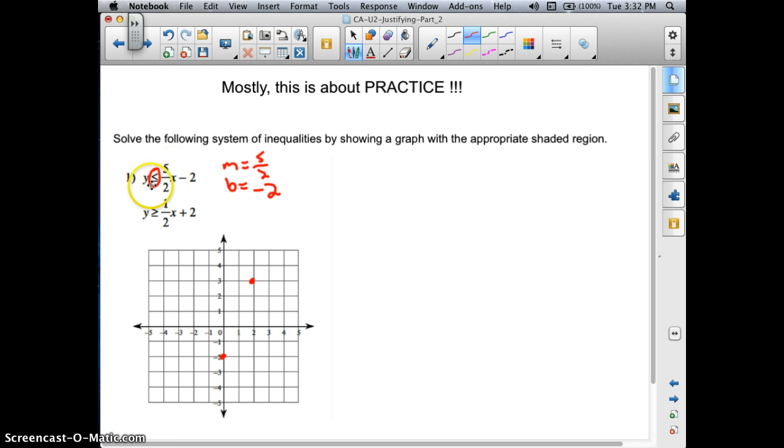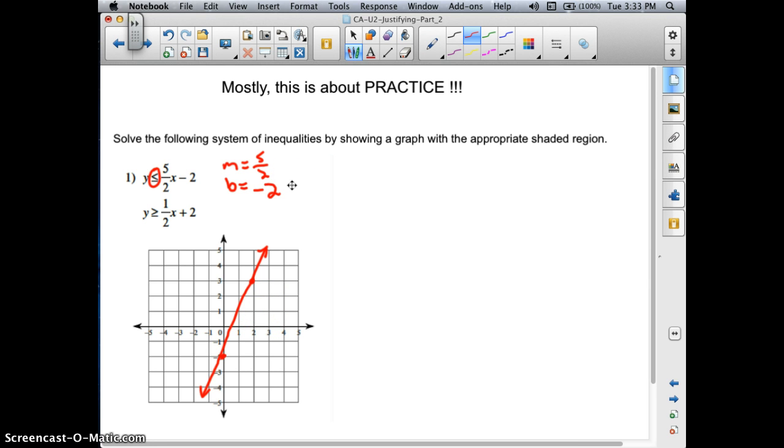Well, because there's an equal to underneath, we want to include the points on the line. And so we're going to make a solid line to indicate that. Make sure that your line covers the whole graph. Don't stop at your dots, because you're going to see that we're not sure where the shading is going to overlap.